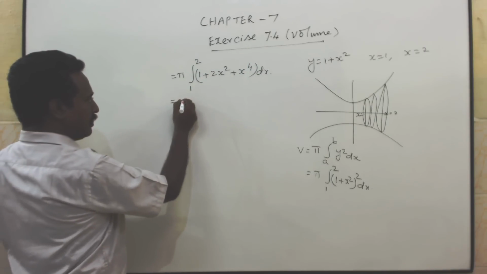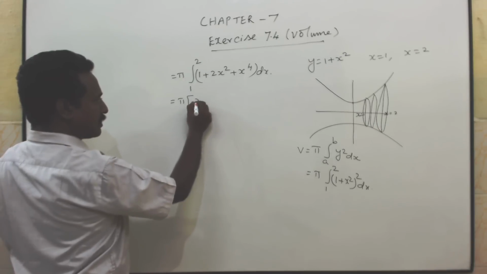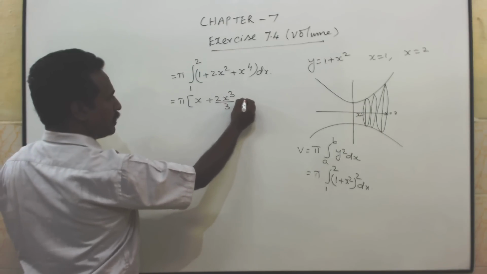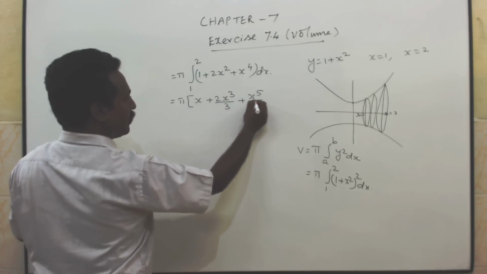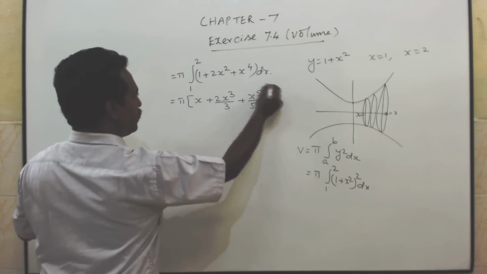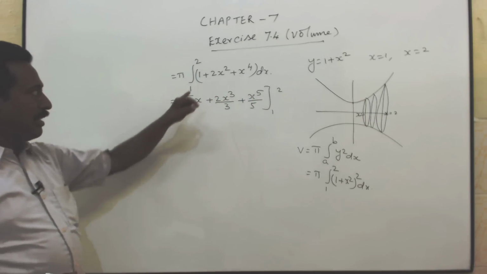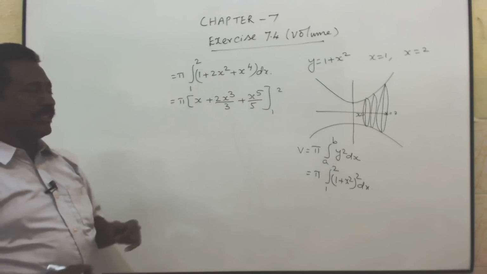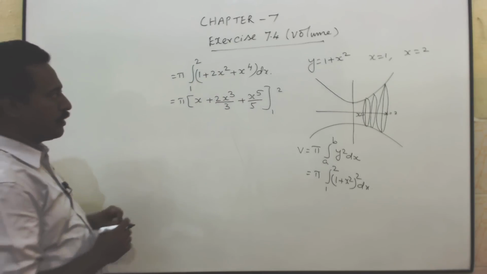Pi, integration of 1 is x, plus 2x cube by 3, plus x power 5 by 5. We know the integration of 1 is x, x square integration is x cube by 3, x power 4 is x power 5 by 5.